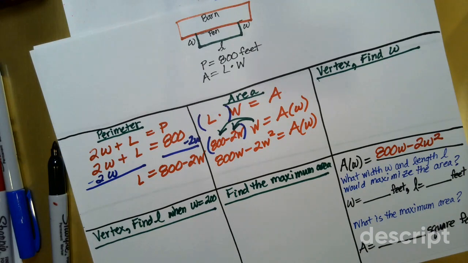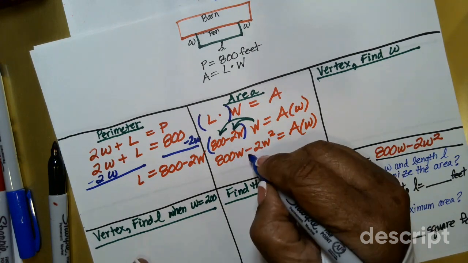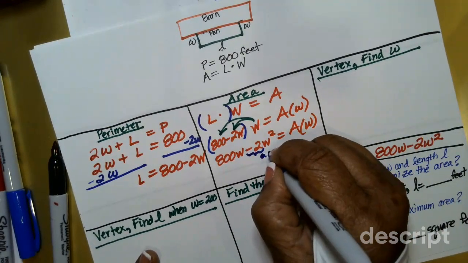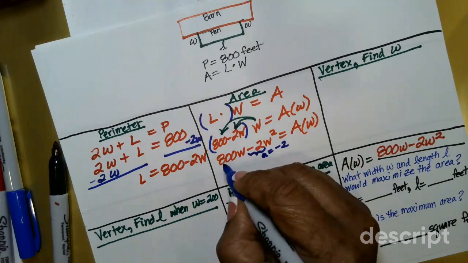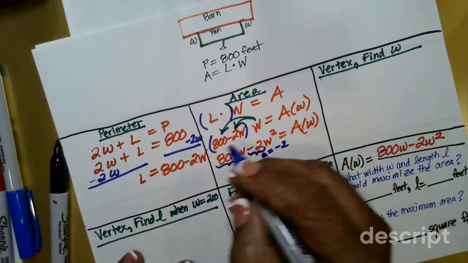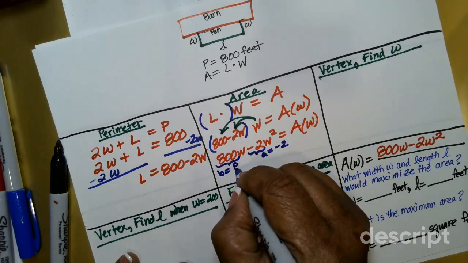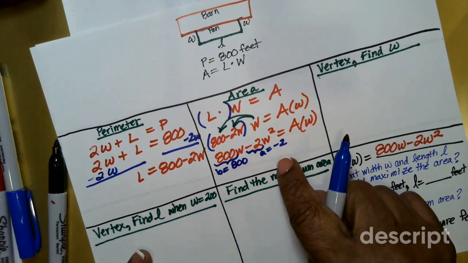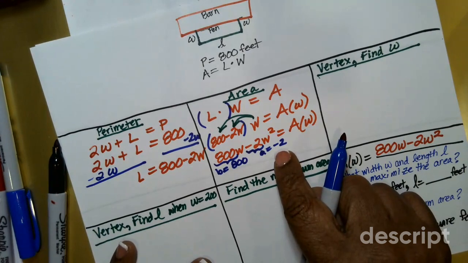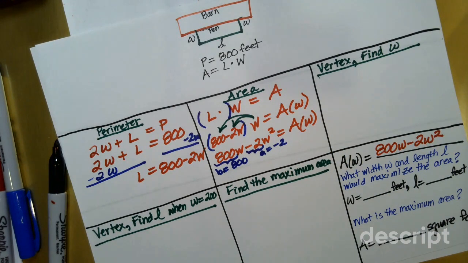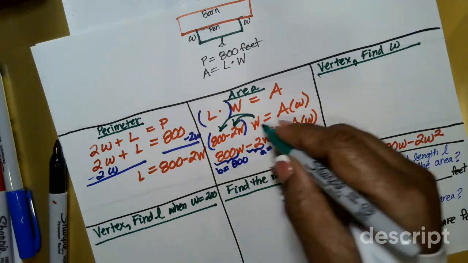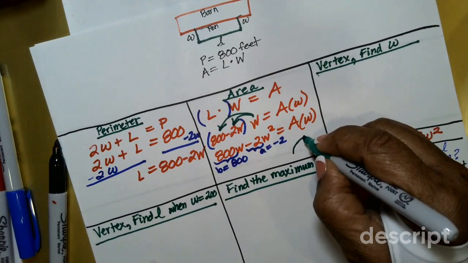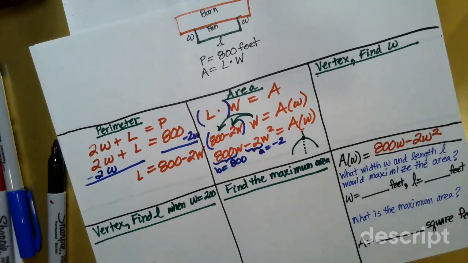So speaking of descending order or standard form, this coefficient is the leading coefficient, and that means A equals negative 2. This coefficient on W is B. B equals 800. Okay? Since A is negative, our leading coefficient is negative, what this is describing is a parabola, because this is a quadratic. It's a parabola that opens downward with a vertex sitting on top of that parabola.